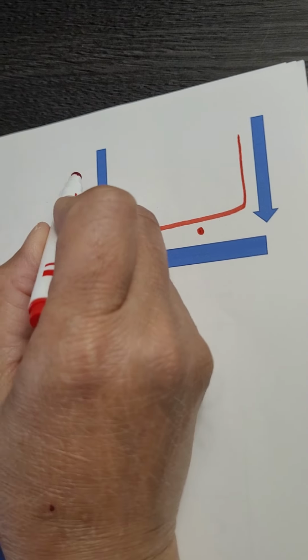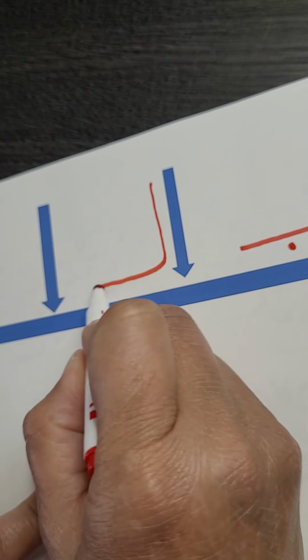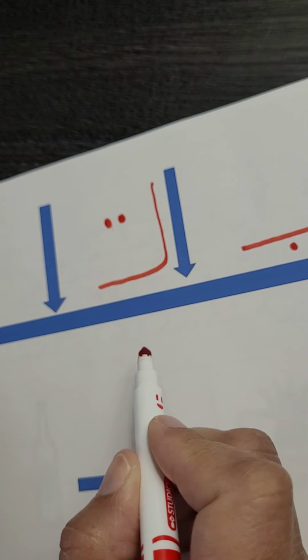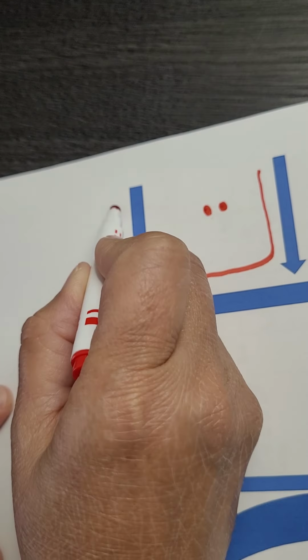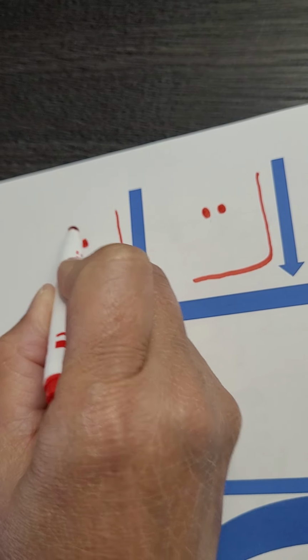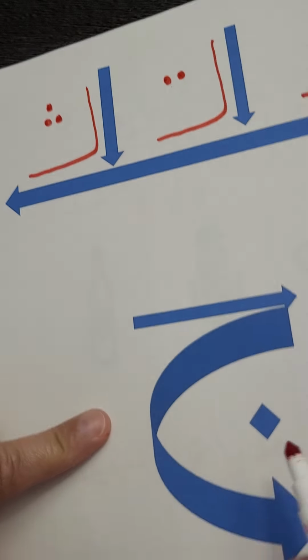And we have the letter ta with two dots. And we have the letter tha, the same shape but with three dots. You need to practice a lot.